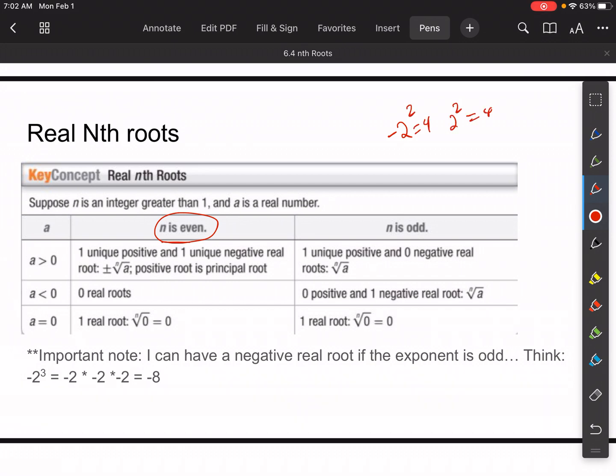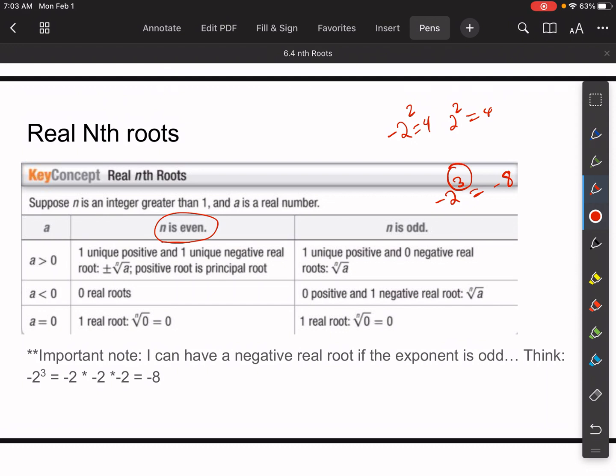So there's two possibilities there. If n is odd, then there's only one unique positive and no negative real roots. Okay, so there's only one unique root. So if I have an odd power, like negative 2 to the third, that is equal to negative 8 and negative 8 only. There's no other possibility there. So whenever this is odd, we have one possibility.